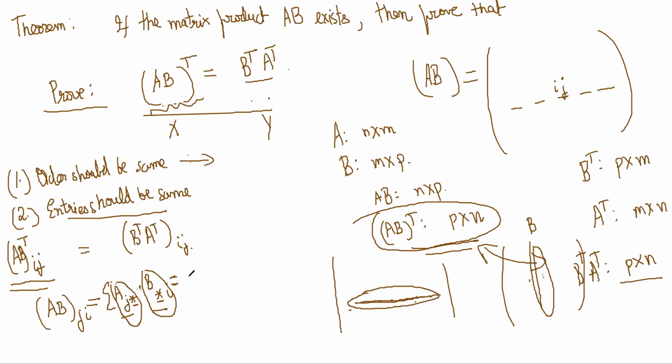So you can write the same dot product as B star i dot A j star, because the dot product is commutative.